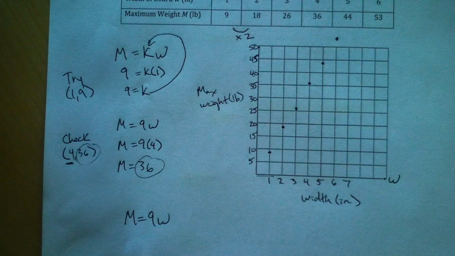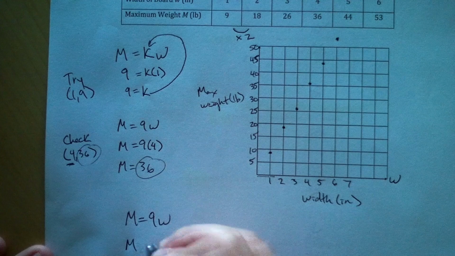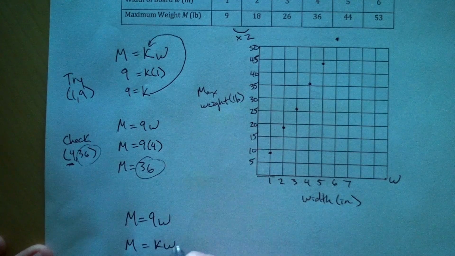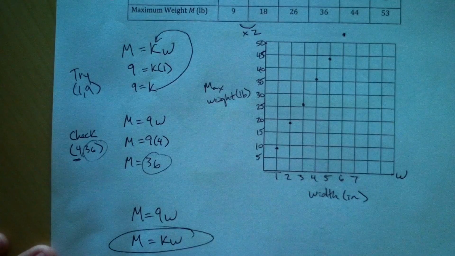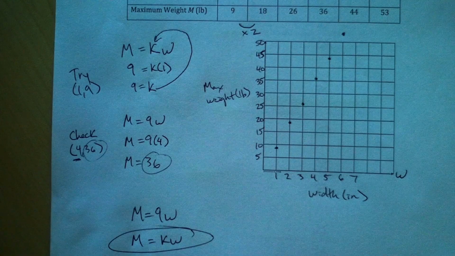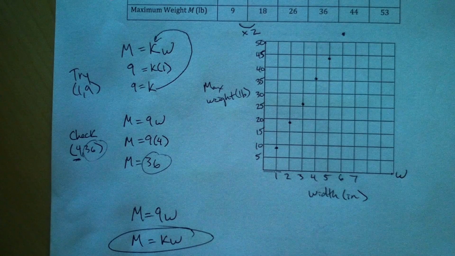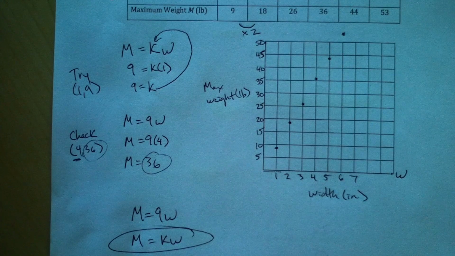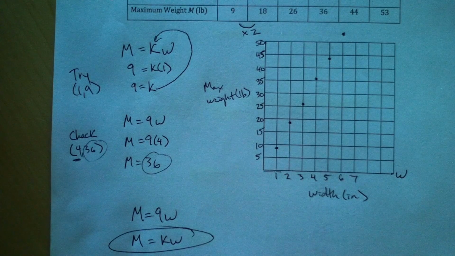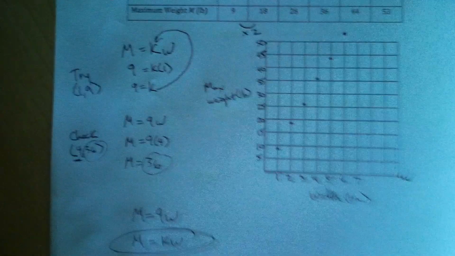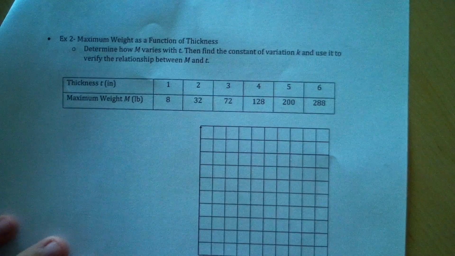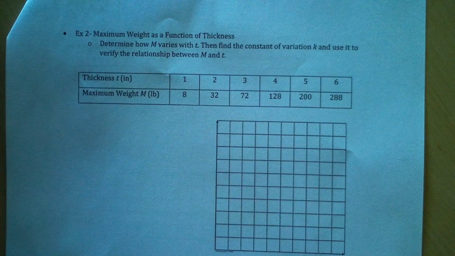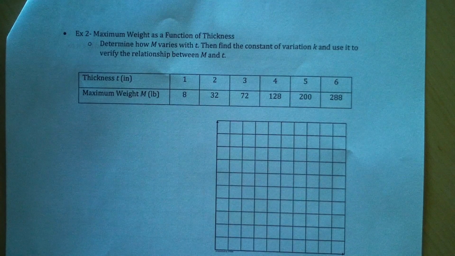Thickness in inches goes up to 6 as well, so we'll count by ones again. Up the side, this one goes up quite a bit, right? That makes sense, because if you make your board 6 inches thick, isn't that a pretty solid board? I don't even know if the beams in my house are 6 inches thick, because that's pretty solid. They probably are. But that'll hold a lot of weight, right? So that's why that's going up a lot quicker.